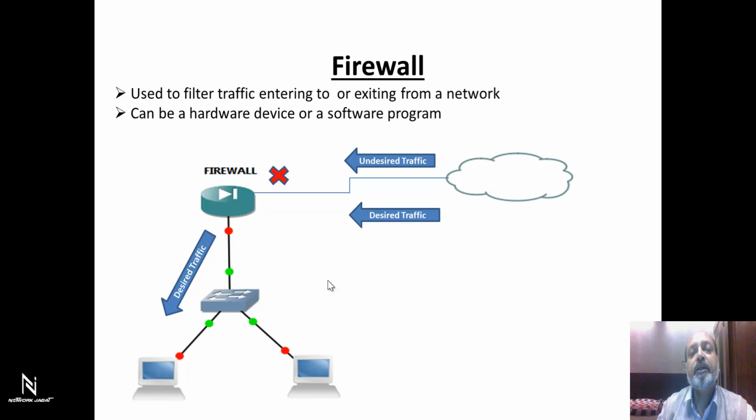That specification is actually done on the basis of several factors. For example, we can specify the source address of the traffic, or the destination address of the traffic, or the protocol that the particular traffic is carrying, and several other issues, or maybe a certain website address from where that particular traffic is coming, or certain other features like whether that particular traffic contains some kind of ActiveX controls.